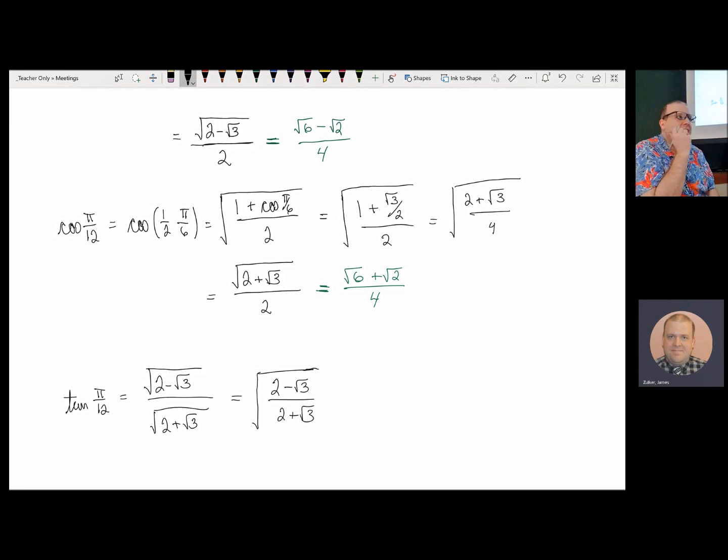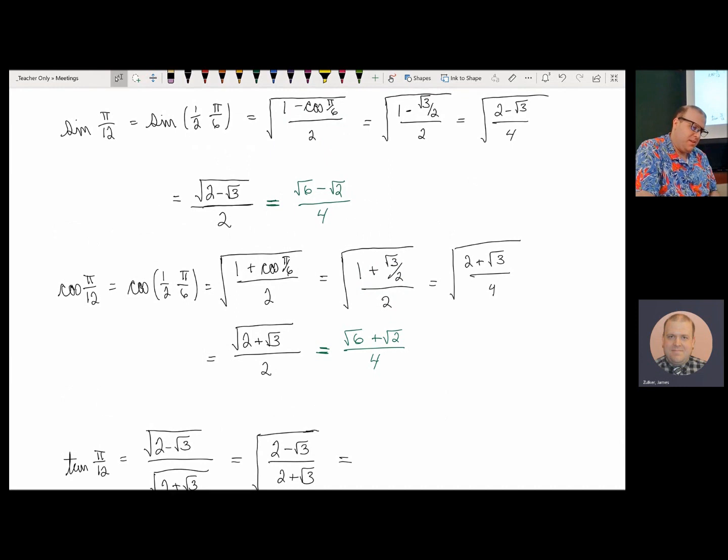Funnily enough, I think you get different values or different looks depending on which formula you use. So I do 1 minus cosine over sine.